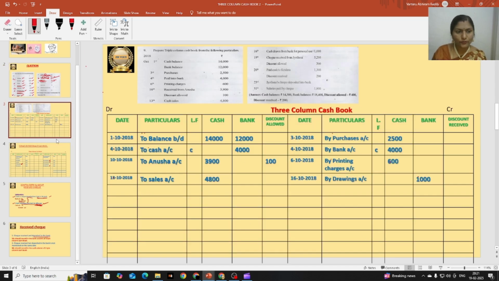So first of all, since this is a receipt, on which side will we write the item? Debit side. The date is 19th, 19-10-2018. Then in the particulars column we will write the name of the person from whom we are receiving. We are receiving from Joshna, so write Joshna account.